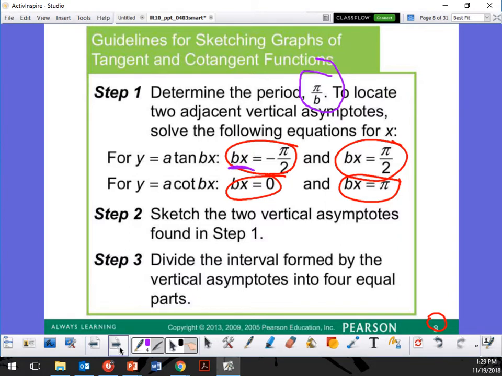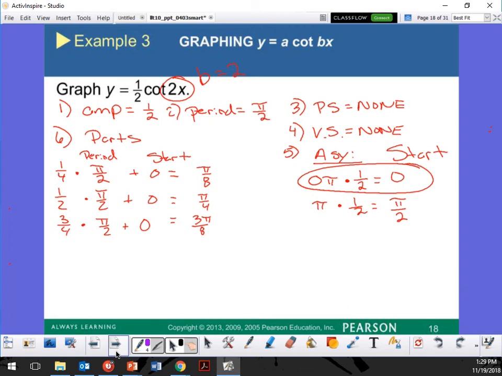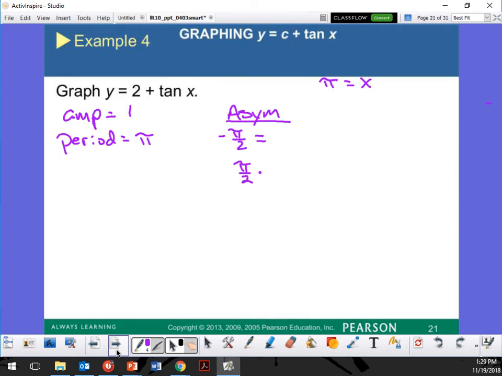In this case over here, what is my b value? B is equal to 1. So it's just going to be x, right? Okay, same thing goes here. So my asymptotes are where? Negative pi over 2 and positive pi over 2.